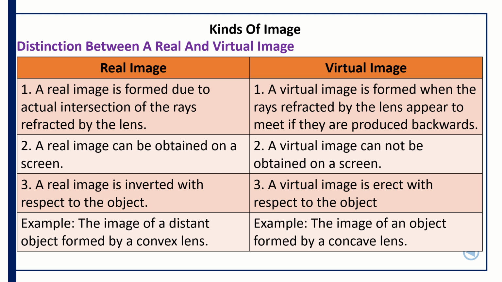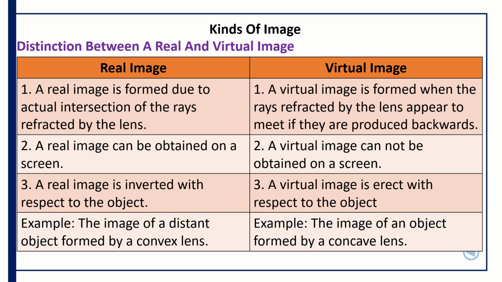That is why it is called an inverted image. So real images are inverted in nature. The virtual image is erect with respect to the object. It is of the same orientation as the object, right? So virtual image is erect and real image will be inverted.